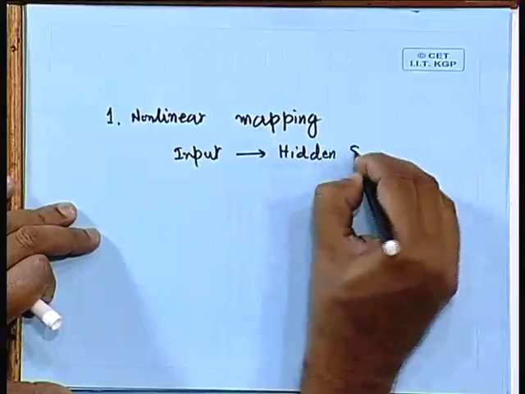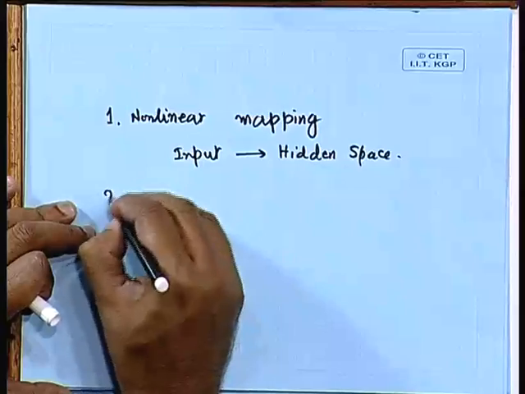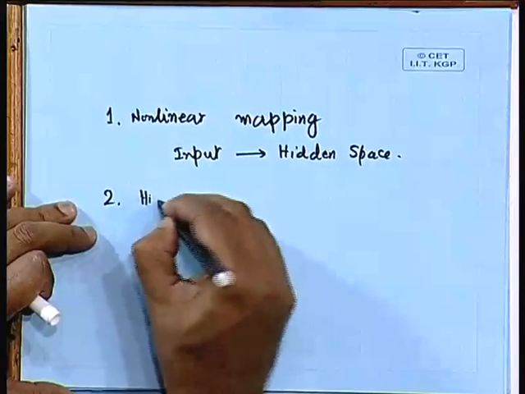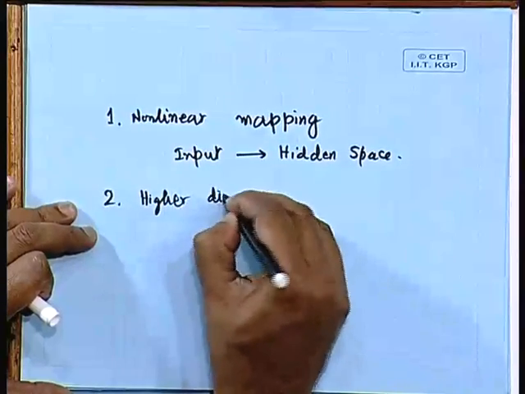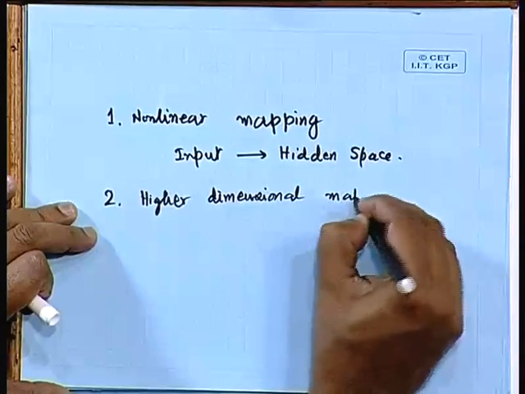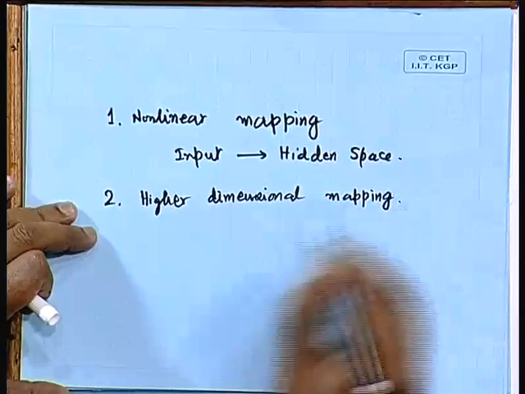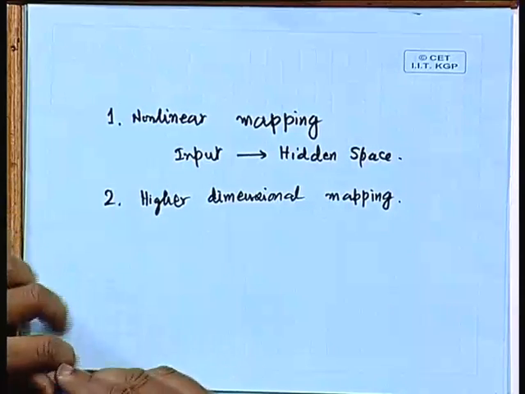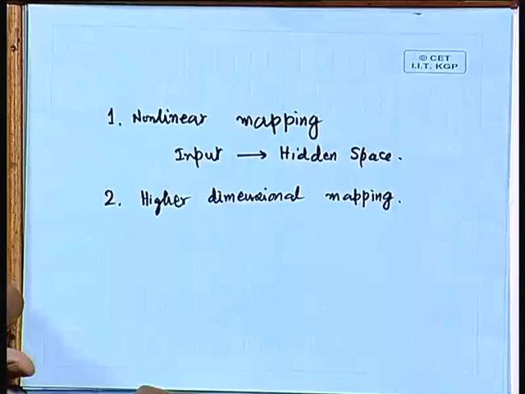And number two is a higher dimensional mapping. In other words, when we are mapping from the input space to the hidden space, preferably phi should have a higher dimension. In fact, with an increase of dimension in the phi space, the possibility of having linear separability in phi space increases.